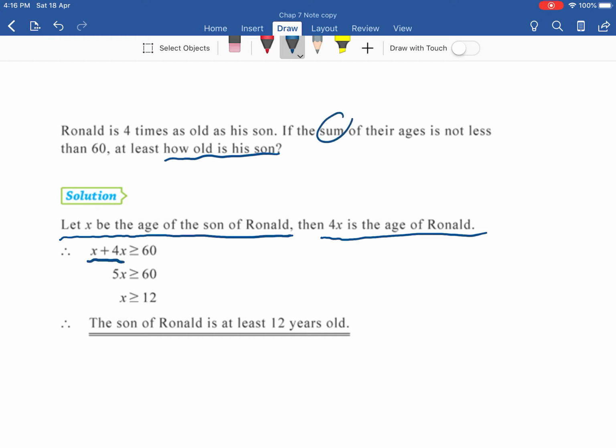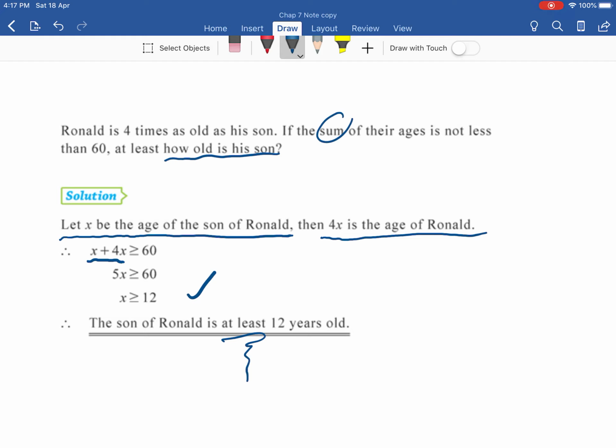Adding together, the sum is not less than 60, that is greater than or equal to 60. Therefore x is greater than or equal to 12. So the son is at least 12 years old.